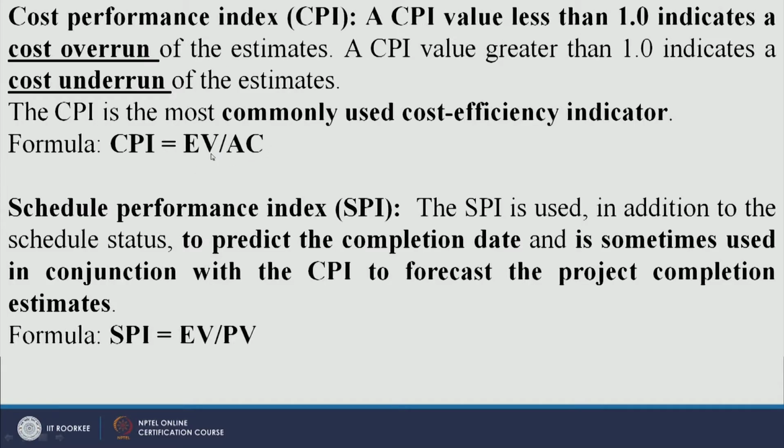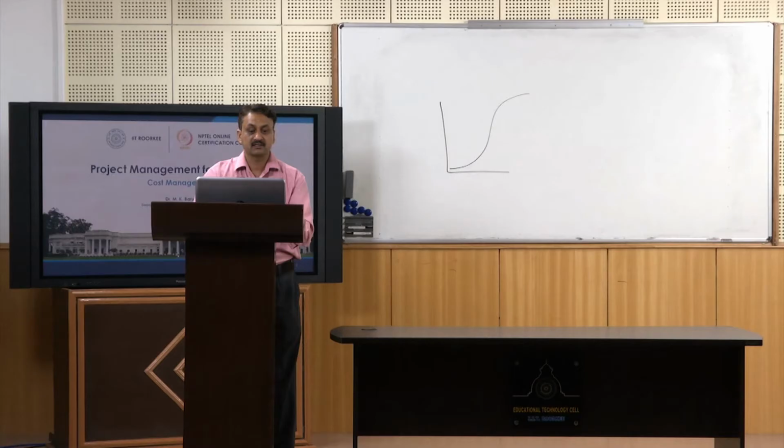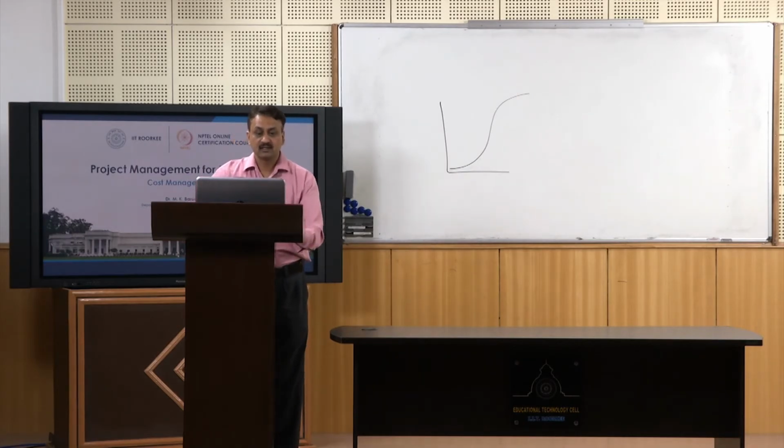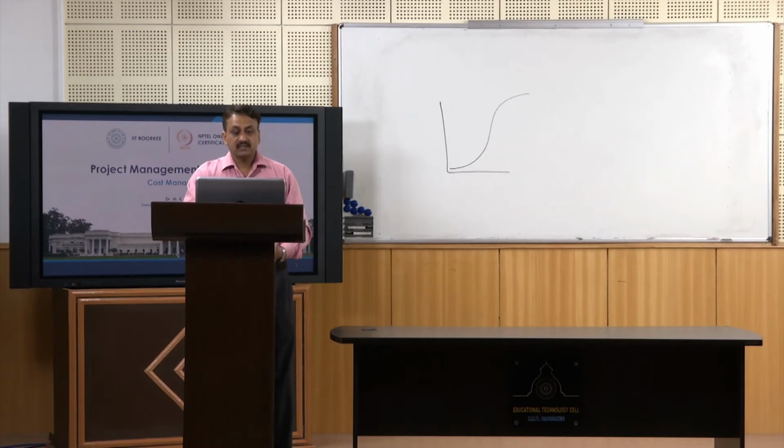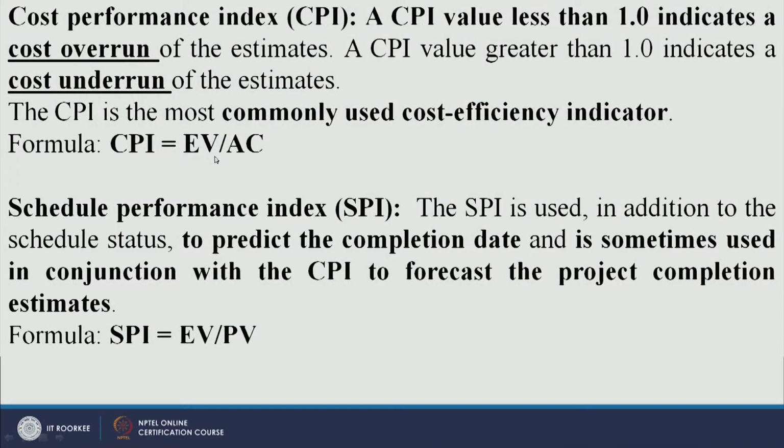That situation should not occur, right. A CPI value greater than 1 indicates cost underrun of the estimates, so your earned value is more than actual cost, and this is the indicator for cost, the cost performance indicator.